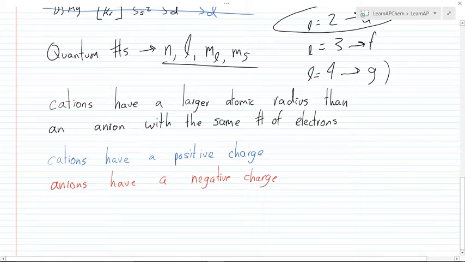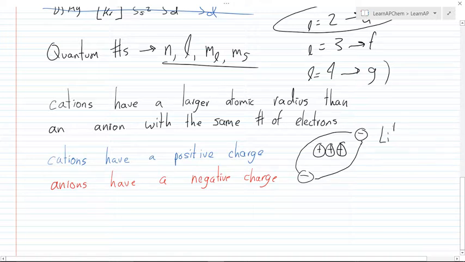So if we think about this, let's say we have a cation with 2 electrons. I'll just draw some cation, with 2 electrons. So this would be Li plus. So here's a cation.